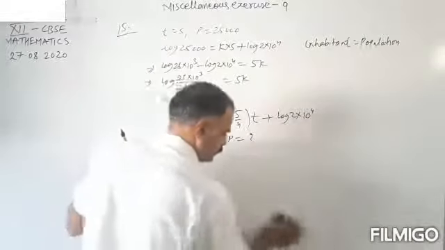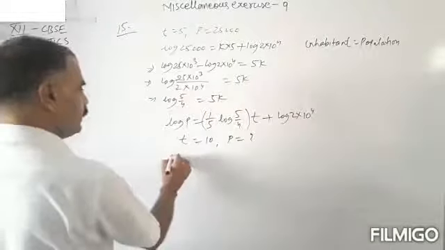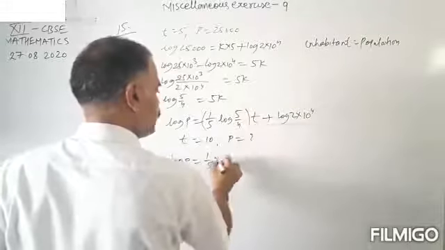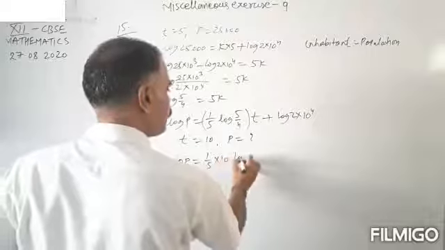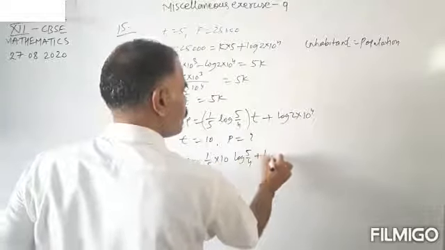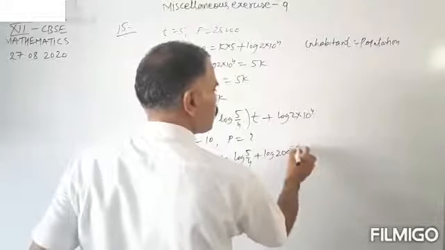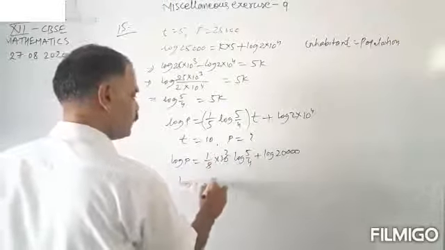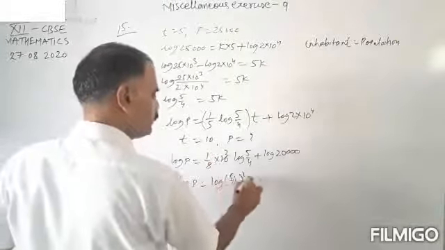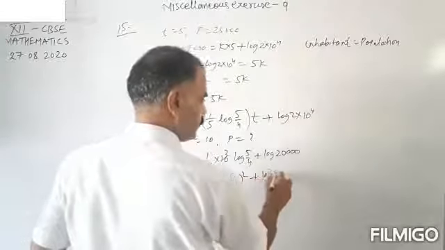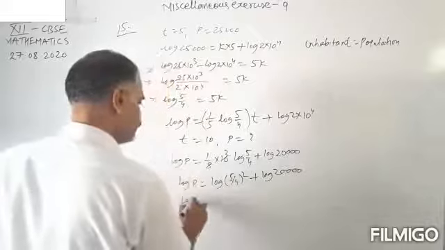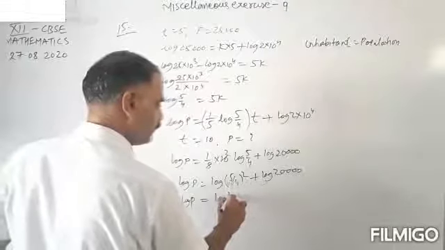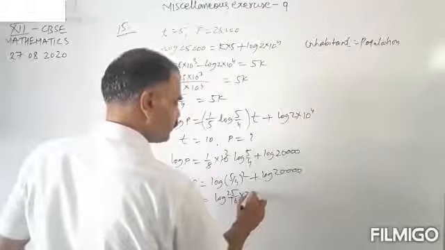So t equals 10. Log p equals 1 upon 5 into 10 log 5 upon 4 plus log 20,000. So log p equals log of 5 upon 4 whole squared plus log 20,000. So log p equals log of 25 upon 16 multiplied by 20,000.